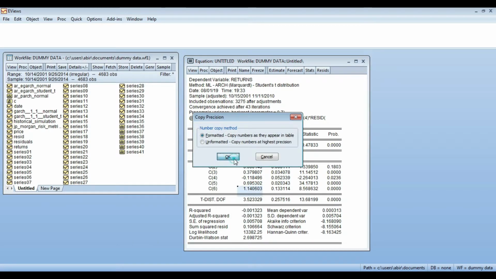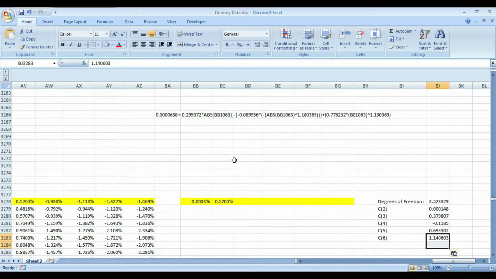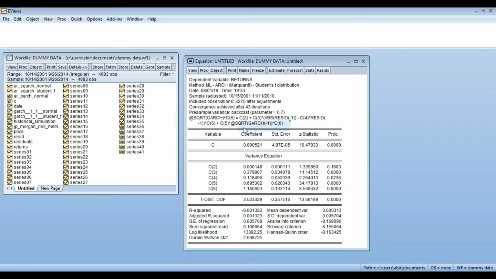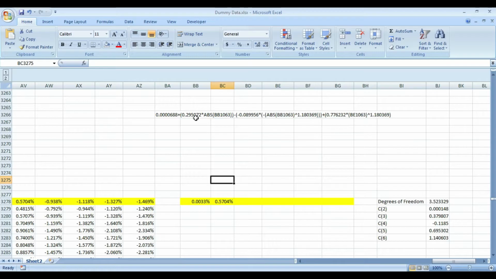Okay, there you go. So after this, we will simply copy the equation, which is this. Okay, so we got our equation.